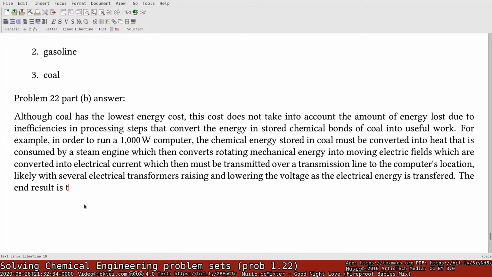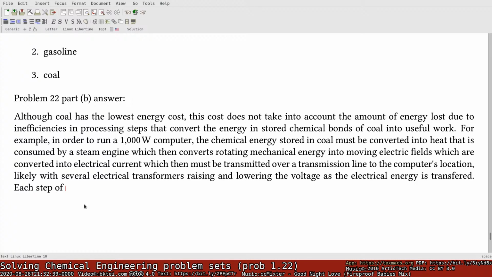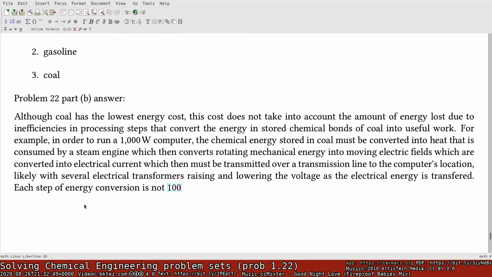And the result is that each step of energy conversion is not 100% efficient.